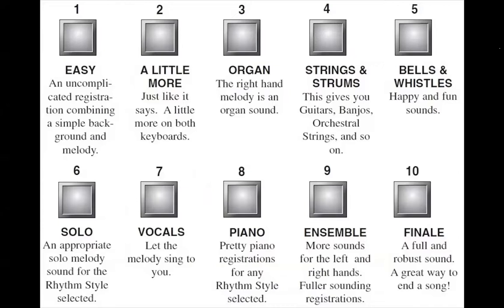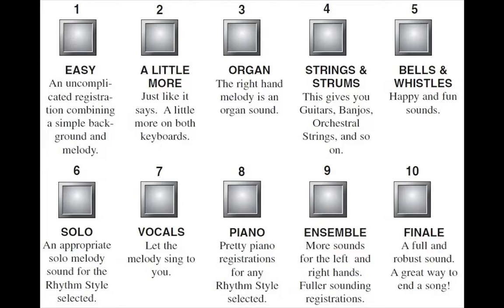And we got to learn this pretty early on when I started with the company. And it's not to say that you have to memorize the whole thing, but you get to know the sounds that you like. For example, I like organ, I like strings, I like piano, and I like the last two, the ensemble and finale.